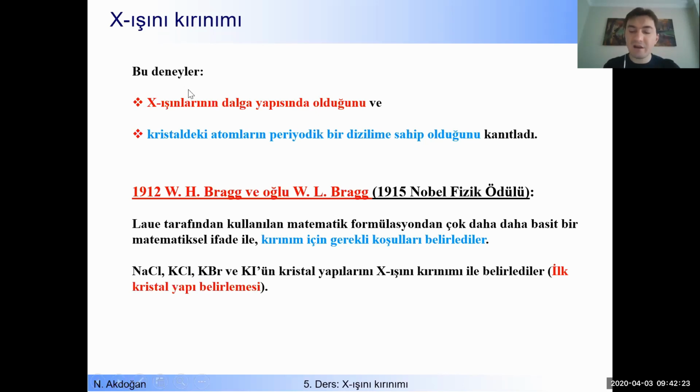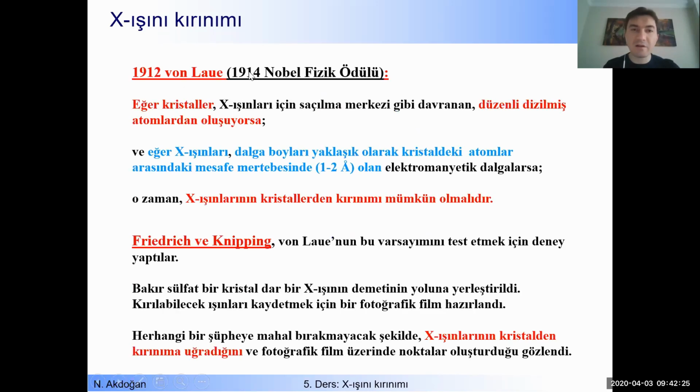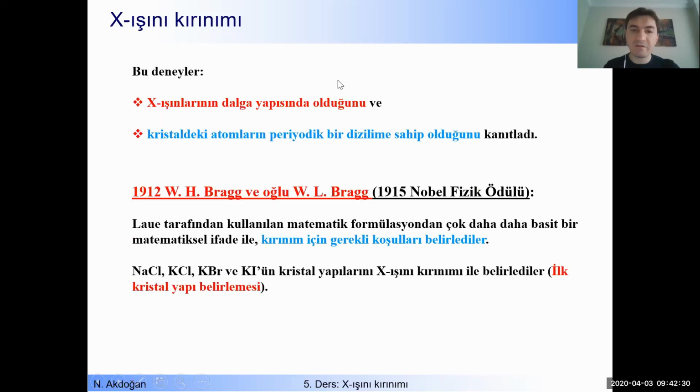And just after von Laue got the Nobel Prize in Physics in 1914, in 1915, the Nobel Prize in Physics went to Bragg due to that discovery. So they have also done the first crystal structure determination. They have determined the crystal structure of sodium chloride, potassium chloride, and also potassium iodide.